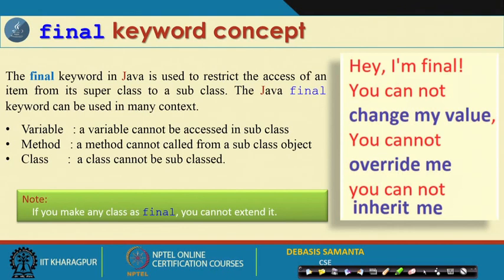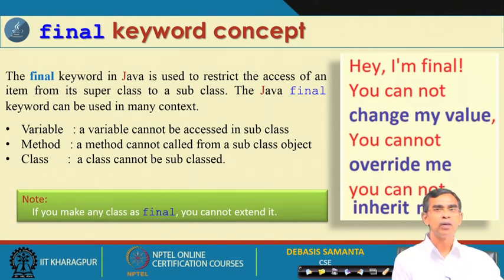In addition to declaring a class as final, we can declare any variable or any method in a class as final also. If we declare a variable as final, that variable cannot be overridden in any derived class, and if a method is declared as final, the same method cannot be overridden in any class. So, final means that no more implementation in any derived class is possible.